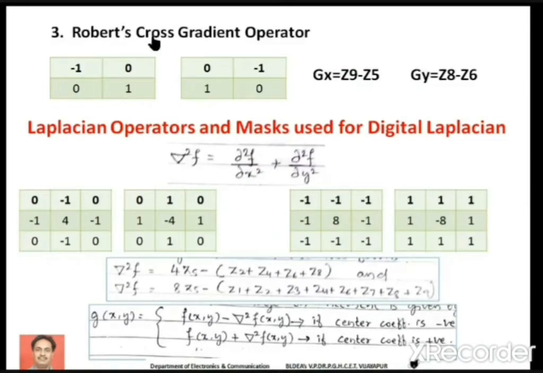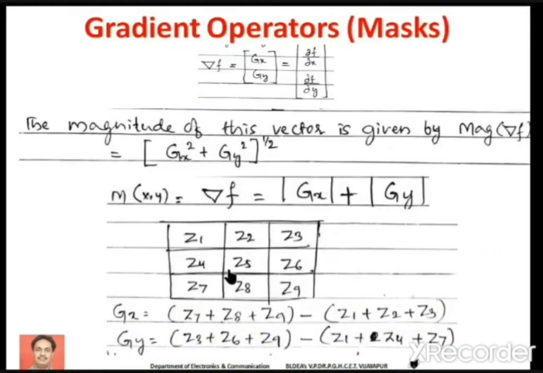the Roberts cross gradient operator. Here we use a 2 by 2 matrix, but you have to assume that these masks are overlapped with Z5, Z6, Z8, Z9.